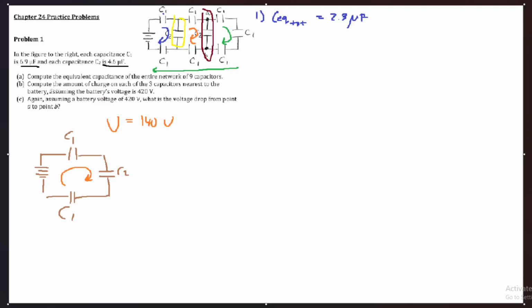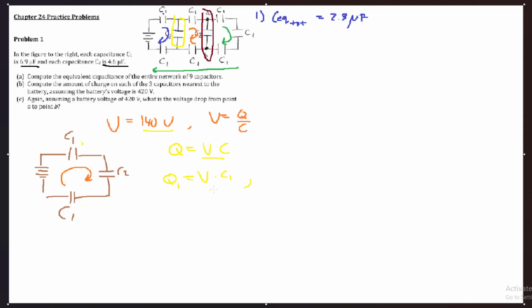So now we can recognize that the voltage on the capacitor equals Q over C. If we rearrange this to solve for Q, which is the charge, Q is equal to V times C. So for C1, we'll label this Q1, which is equal to V, which is just going to be 140 volts, times C1.